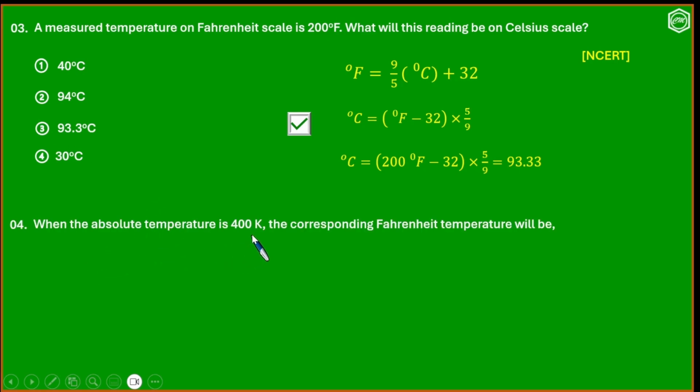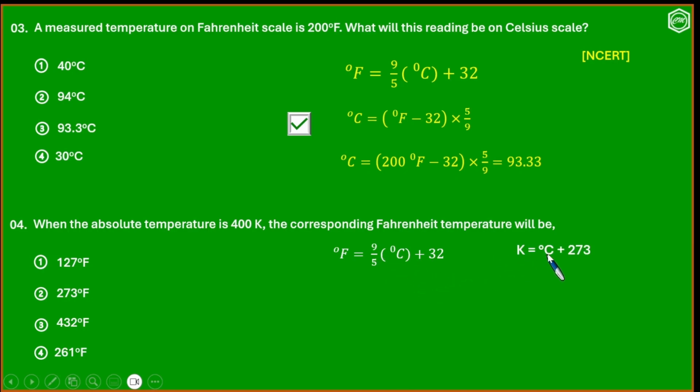When the absolute temperature is 400 Kelvin, the corresponding Fahrenheit temperature will be option 1, option 2, option 3, and option 4. So the conversion relations are degree Fahrenheit is equal to 9 by 5 into degrees Celsius plus 32, and Kelvin is equal to degrees Celsius plus 273.